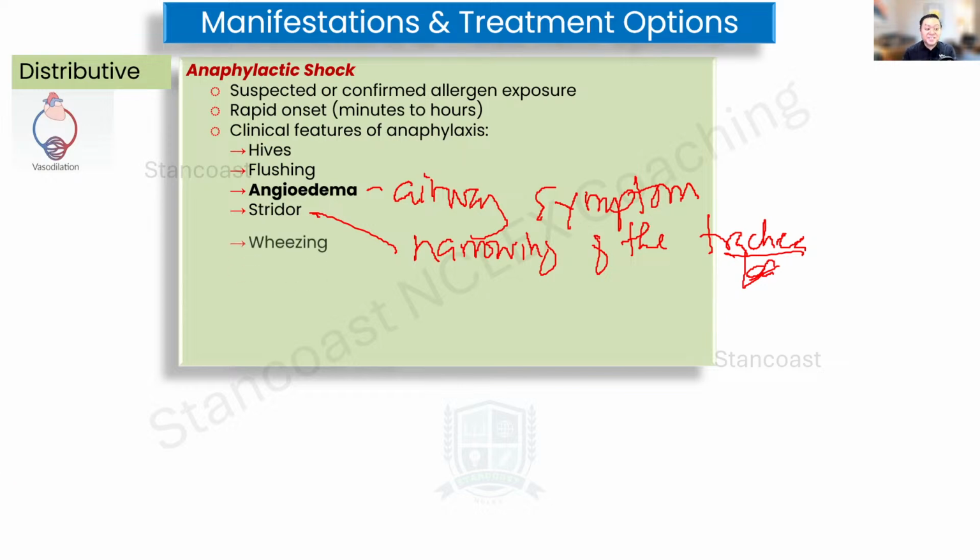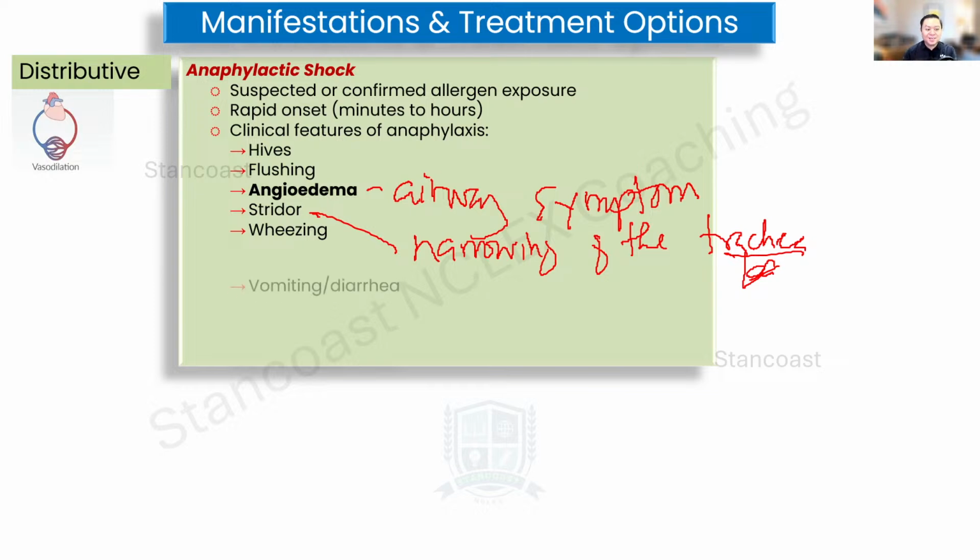Another is wheezing. This is caused by bronchospasm, narrowing of the bronchus and the bronchioles, where they are starting to tighten up. So the passageway is getting tighter. The air cannot pass through effectively those narrow passages.